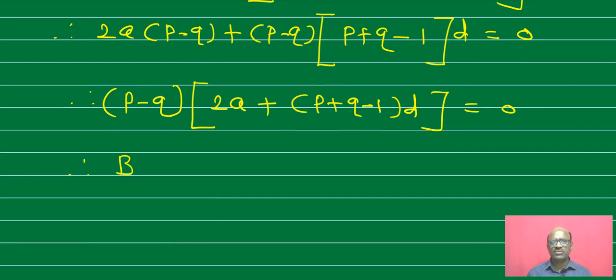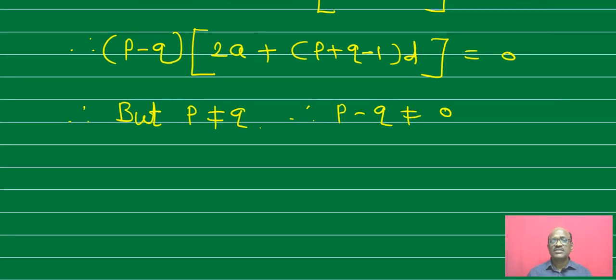But p is not equal to q. Therefore, p minus q is not equal to 0. Then what will be 0? That is 2a plus in bracket p plus q minus 1 into d is equal to 0. This is our main thing.